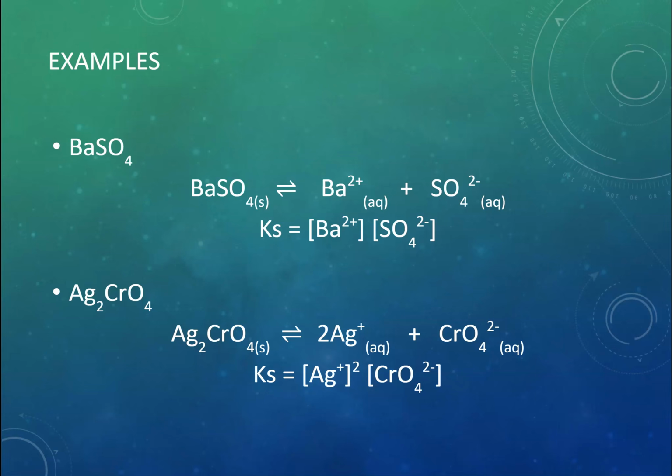So anything in group 1 must have a 1+ charge on it. Anything in group 2 must have a 2+ charge on it. And you should know those basic polyatomic ions. So if you think of that Level 1 ion table that you got given way back when, you should be able to recognize the ions and you should know the charges on them.